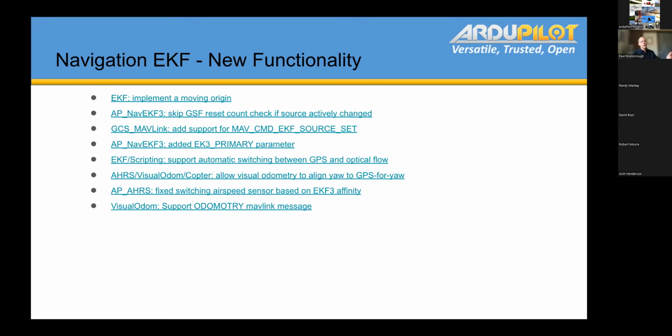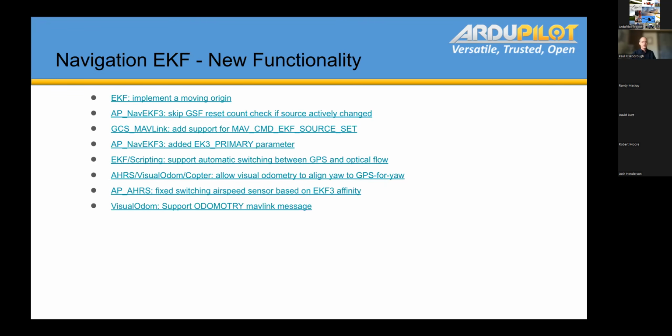sailboats doing oceanic type survey work. If they got too far away from the initial starting point, the flat Earth assumption and the way the libraries would project the north-east delta onto the original origin was causing some stability problems.